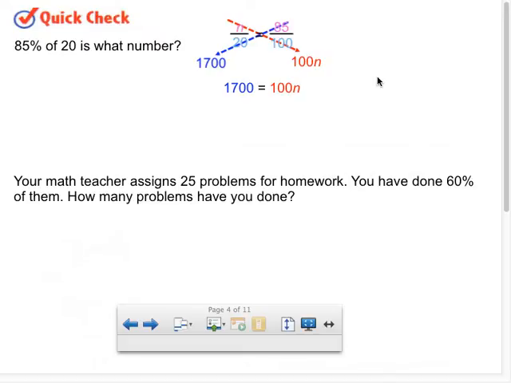Can you guys solve this? It's super easy. What do I do to isolate my variable? Melvin, what am I going to do to isolate my variable here? See where my n is? How do I get n by itself?